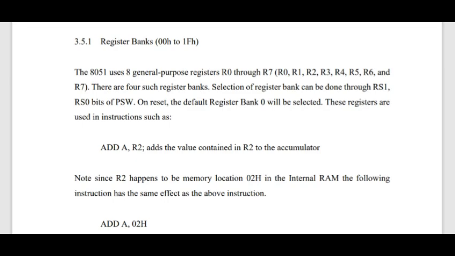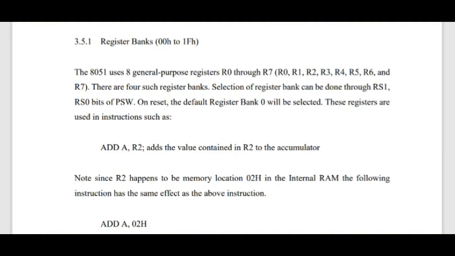ADD A, R2 adds the value contained in R2 to the accumulator. This sentence is like the rule for the Add the Treasures game. It tells the 8051 to take a treasure box from toolbox number R2 and put it in the accumulator, adding it to whatever treasures are already there.